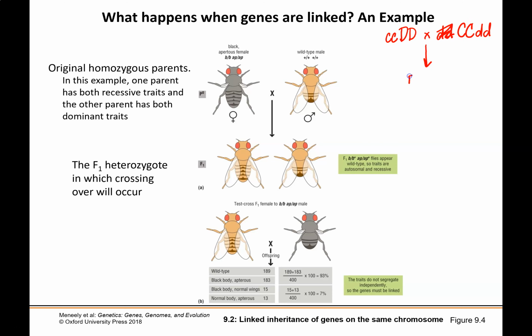So the F1 is then going to be big C, big D, little d. We're going to cross this with our double mutant or double recessive, and we're going to look at the frequency of offspring.